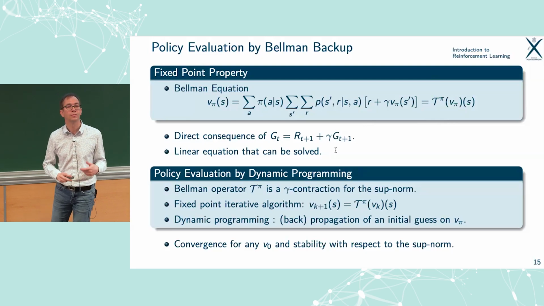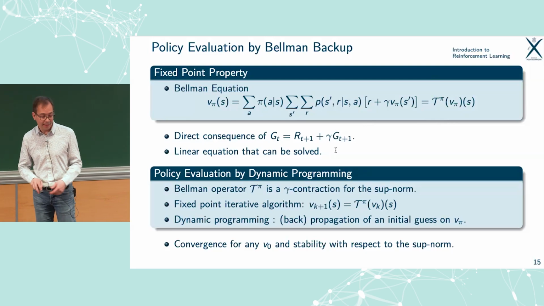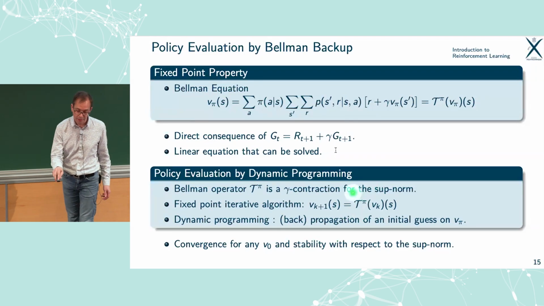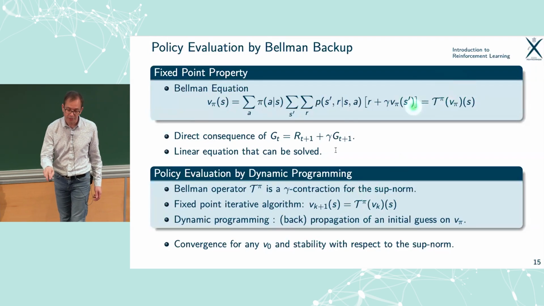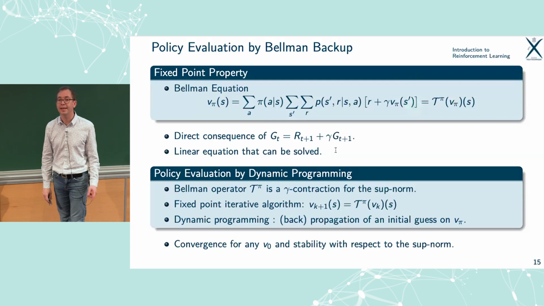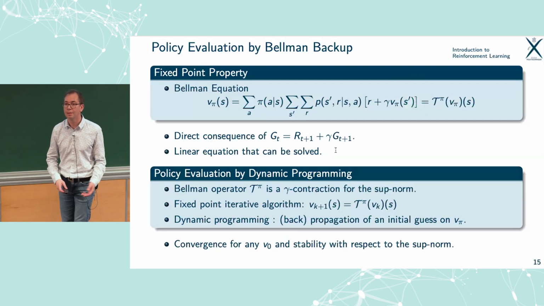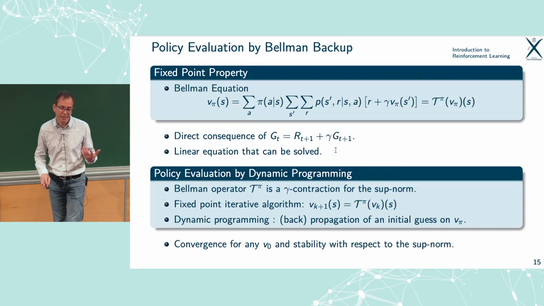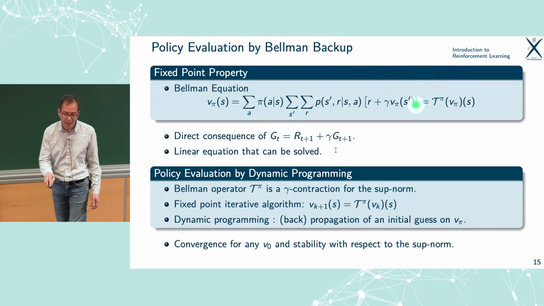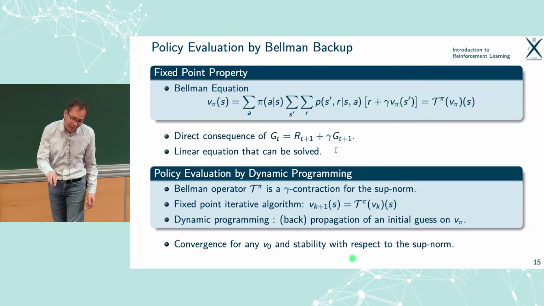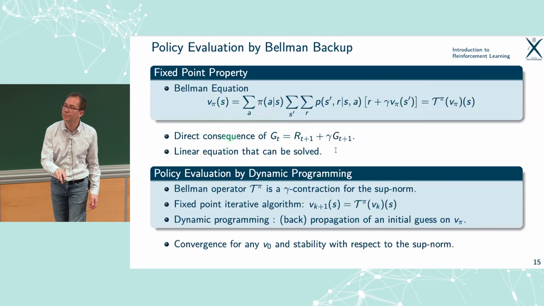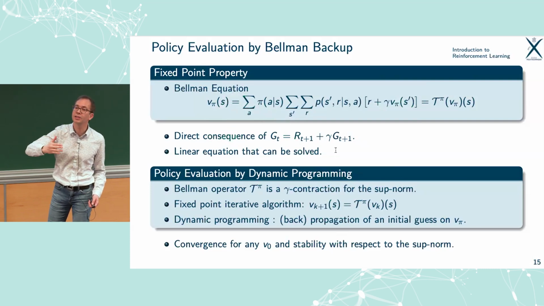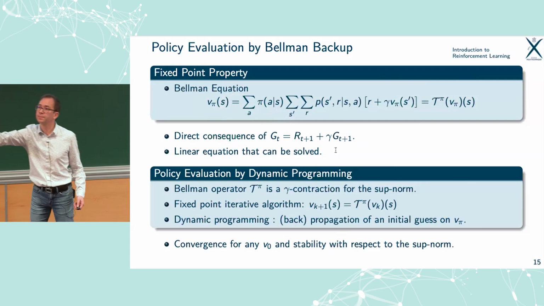Hence, I can solve this system by iterating this application. This is called dynamic programming, because basically it's betting on the fact that if I have a good estimate of what's going on in the future, I'm going to have a better estimate of what's going on right now. So we are propagating the information from the future to now.